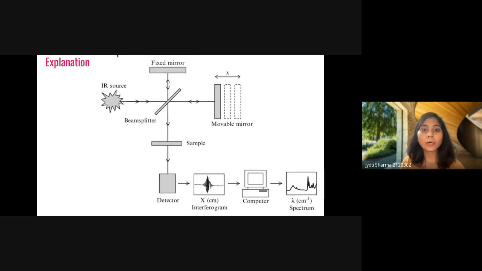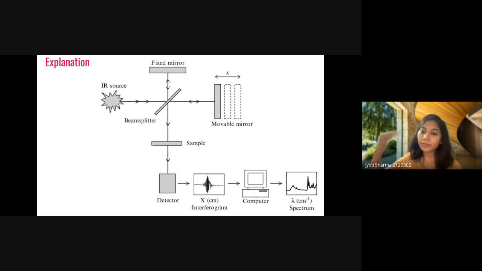Let me show you this one. So in the last question, we were talking about UV-VIS spectrometry, right? But instead of taking ultraviolet radiation, we can also use an infrared source. If we do have an infrared source, then that will be FTIR.